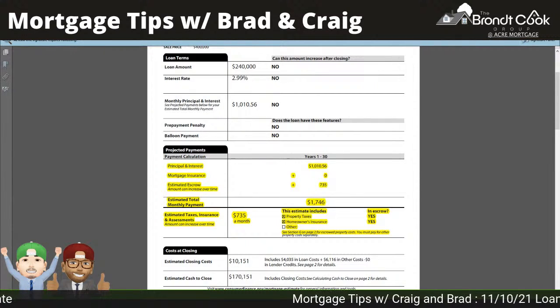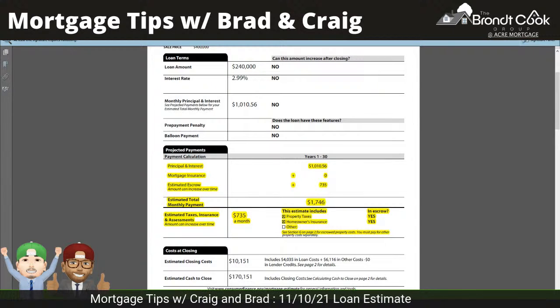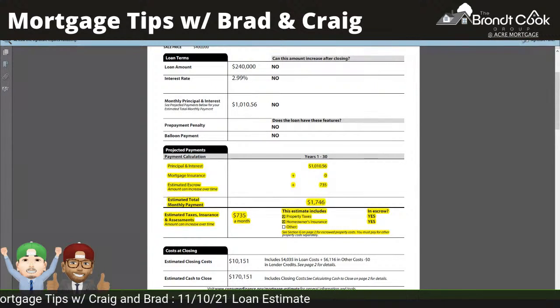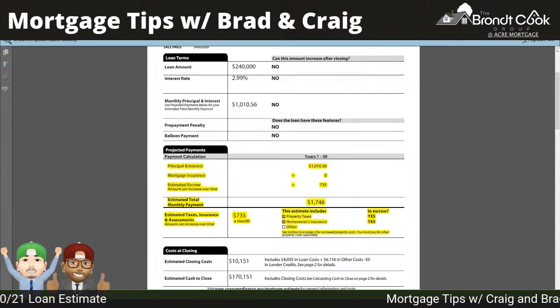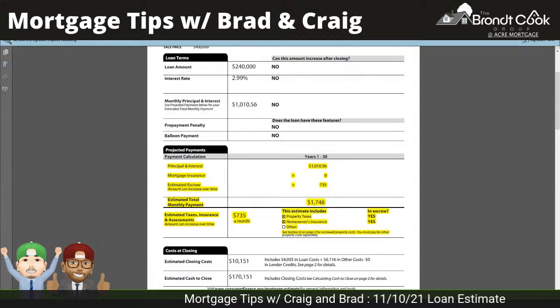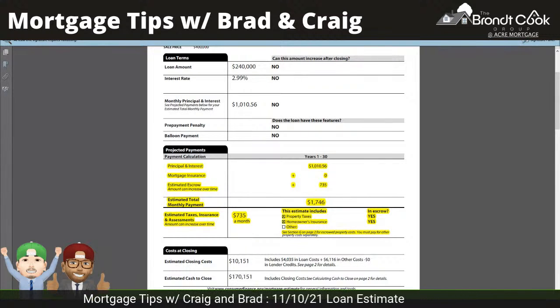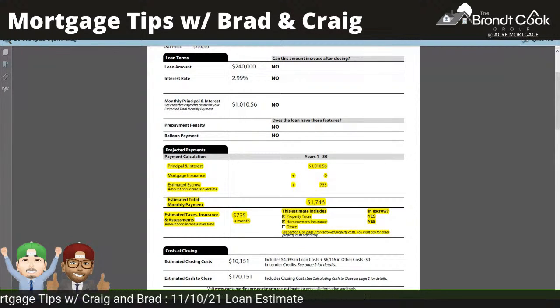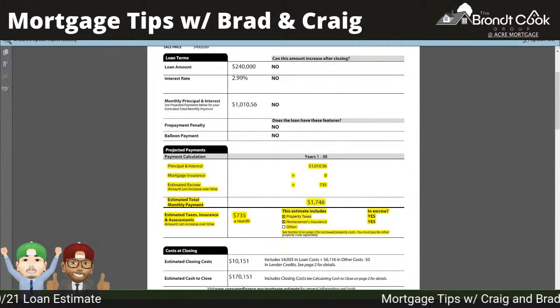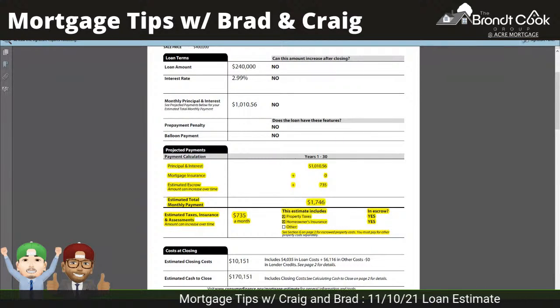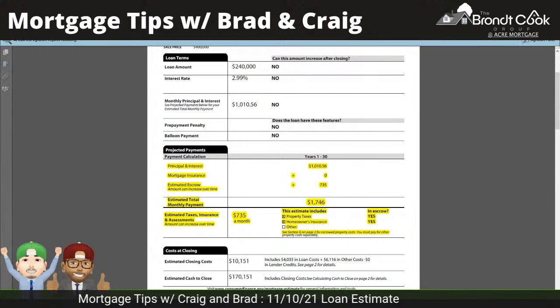In this situation, the only other assessments involved with the payment, besides principal and interest and mortgage insurance at 0, which would otherwise be up in the top section, are property taxes and insurance only. So this is going to equal the combination of those items. If taxes are $600 a month, homeowners in this case would be $135 a month.